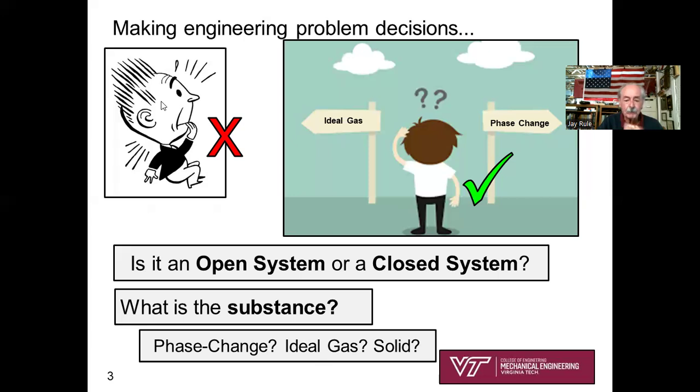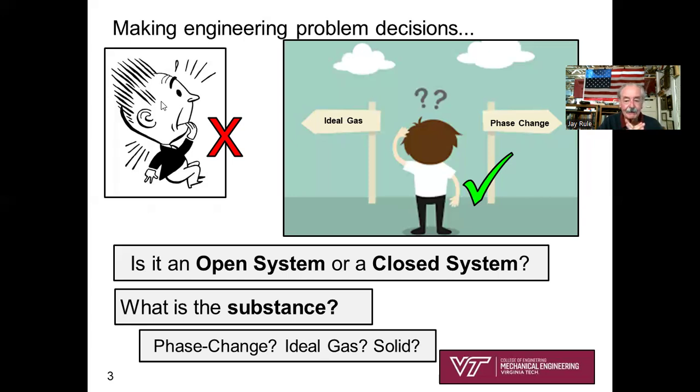But in a lot of ways, when you're a practicing engineer, you're seeing the problems with your own eyes. You're not always assigned a problem. You're seeing problems that you want to go out and solve on your own proactively. You're not just assigned things to do. All right. So you see a problem or you're assigned a problem. What do you do? Well, the first question you ask yourself is: is this an open system or a closed system?